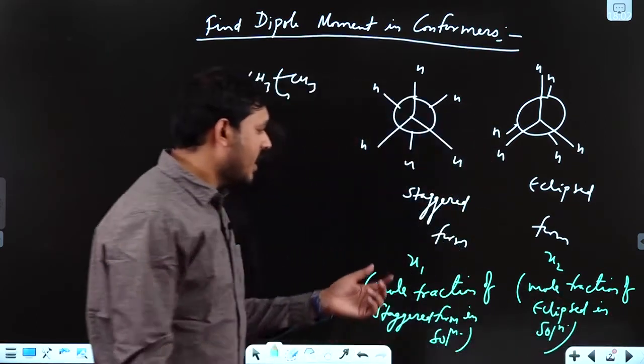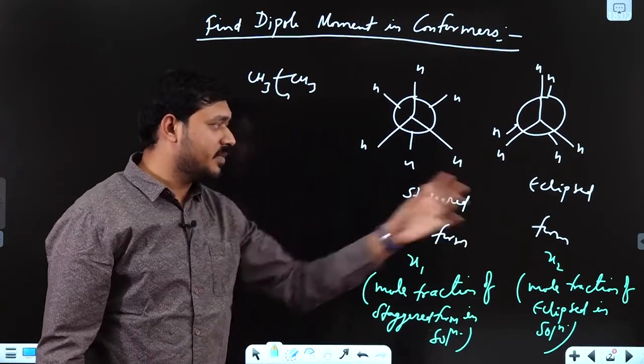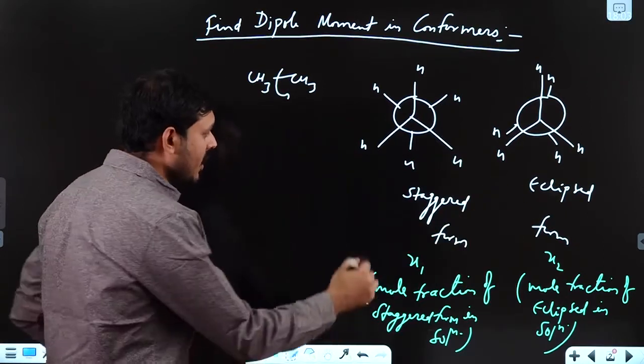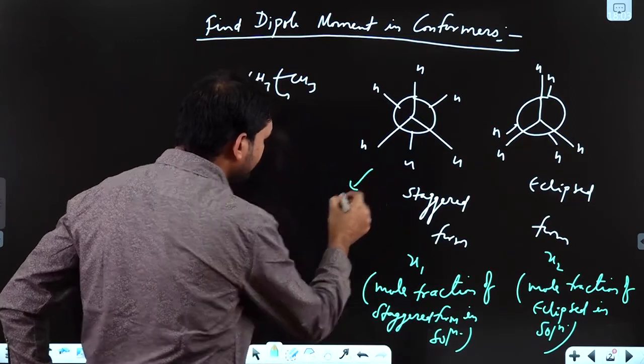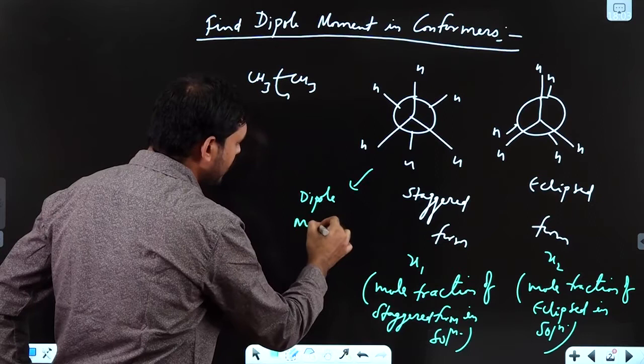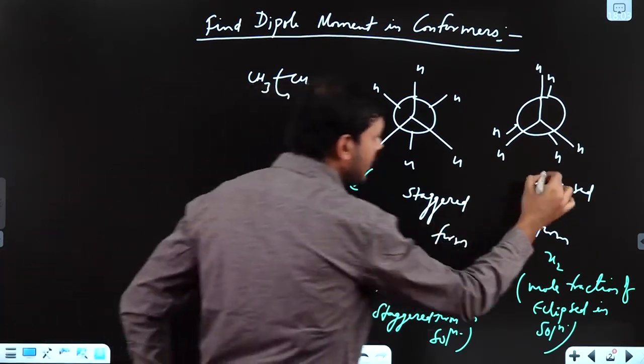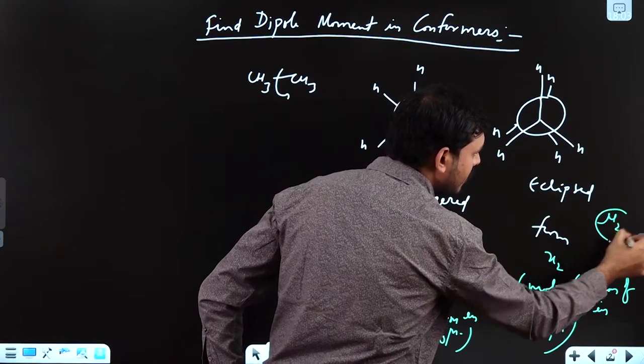So you have x1 mole fraction of staggered and x2 mole fraction of eclipsed. Now suppose the dipole moment of staggered is mu1 and the dipole moment of eclipsed is mu2.